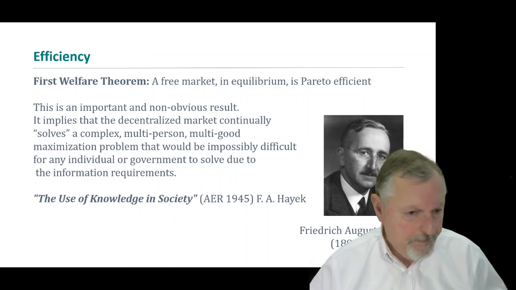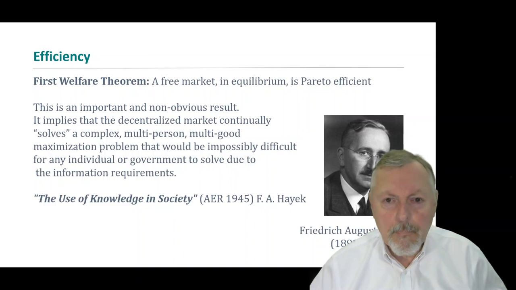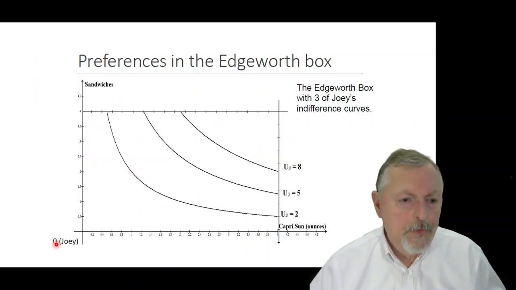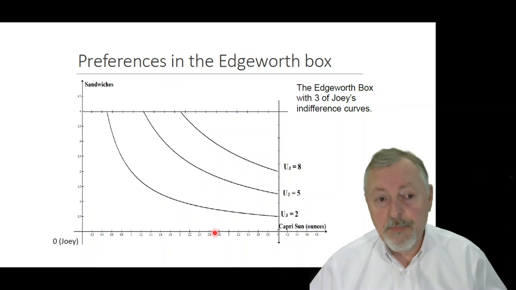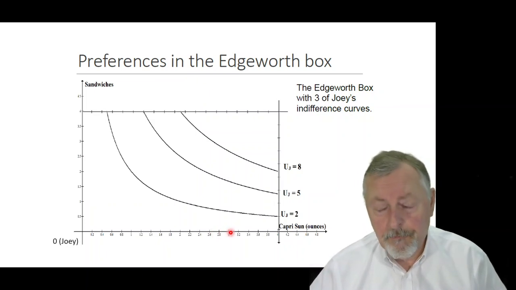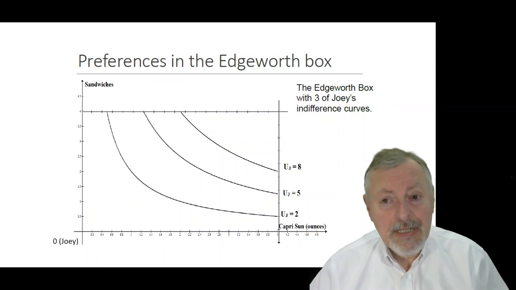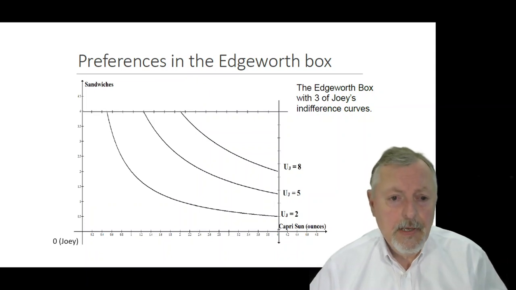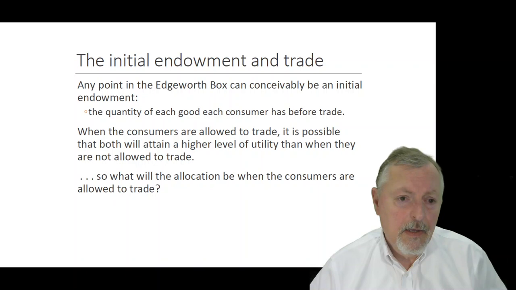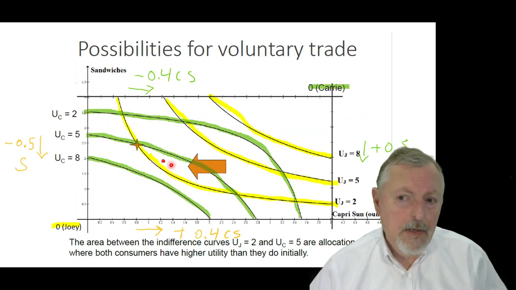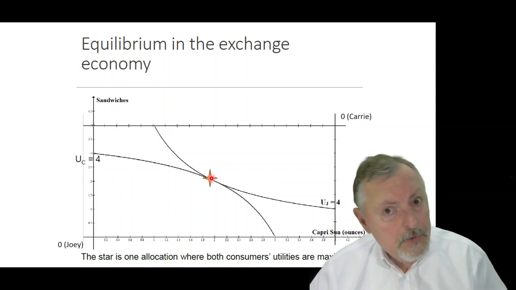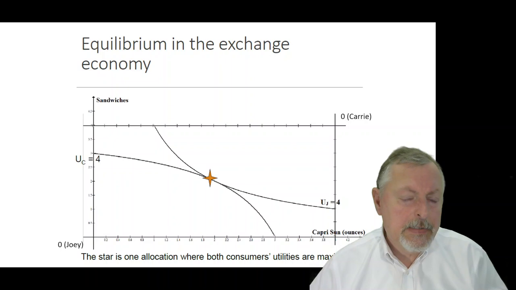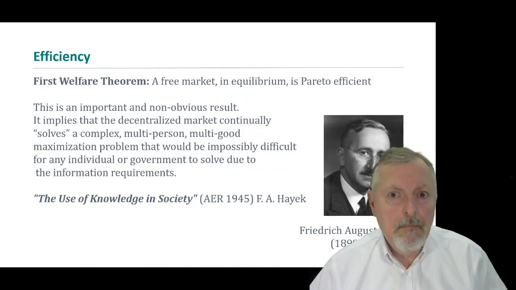You've seen, let me show you the diagram again. Here, for Joey, one person, two products, you can mathematically solve the optimal combination for this person, given a budget constraint. But imagine doing that for millions and millions of people and millions of products. Finding the Pareto optimal trades between all those people and all those products and all those prices, it can be reduced to a mathematical problem.